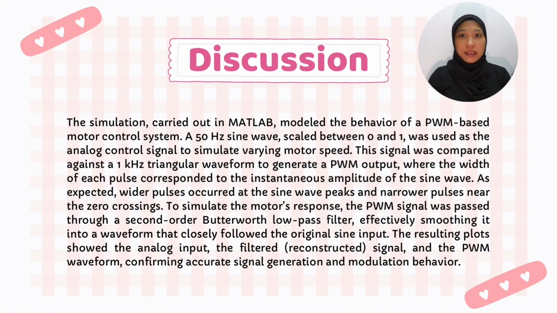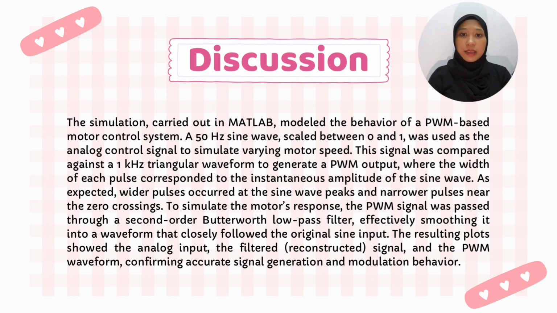Next, I will present the discussion of the simulation carried out in MATLAB to model the behavior of a PWM-based motor control system. A 50 Hz sine wave scaled between 0 and 1 was used as the analog control signal to simulate varying motor speed. This signal was compared against a 1 kHz triangular waveform to generate a PWM output where the width of each pulse corresponded to the instantaneous amplitude of the sine wave.